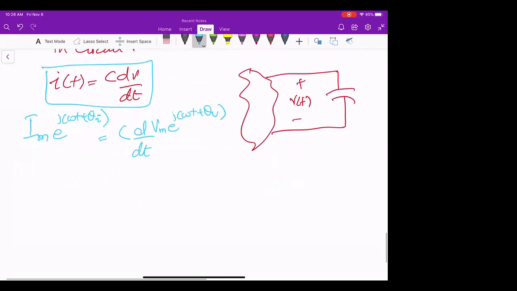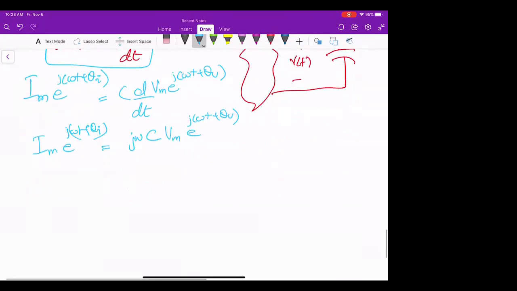Okay, and similarly, if I take the derivative of this, it will become j omega C Vm e^(j(omega t plus theta V)), and Im e^(j(omega t plus theta I)). Again, the omegas are the same, so I can get rid of that, and I can just write e^(j theta I) is equal to j omega C Vm e^(j theta V).